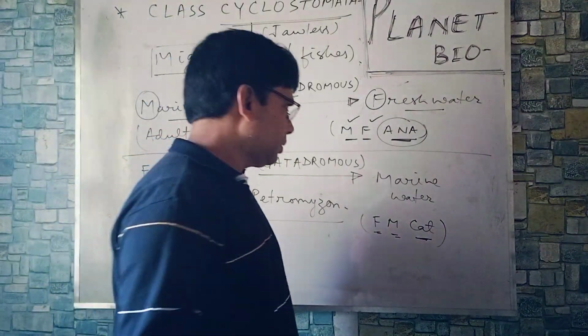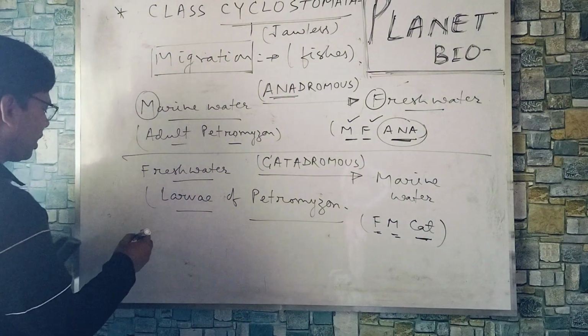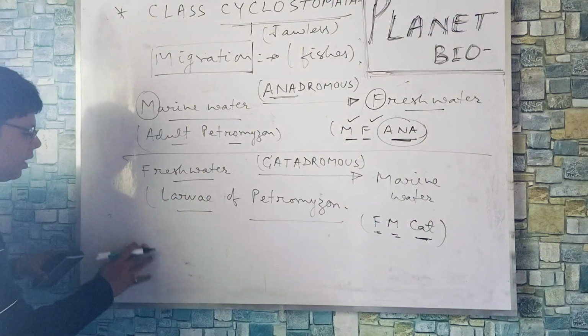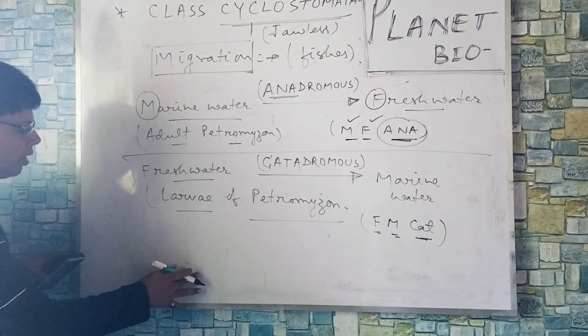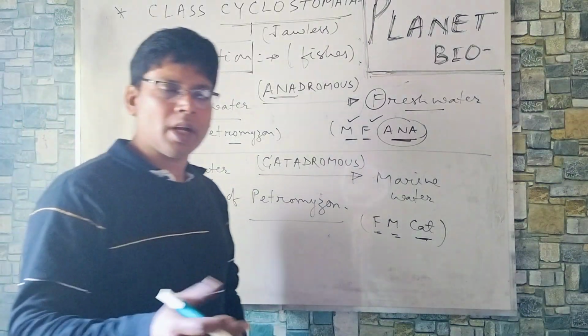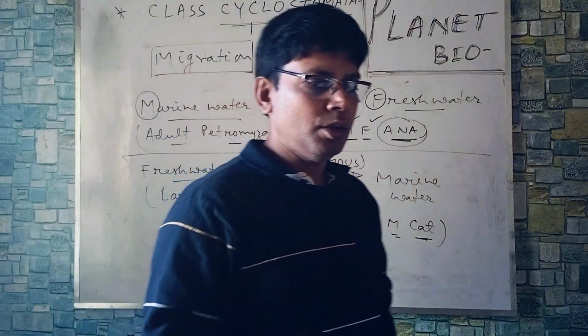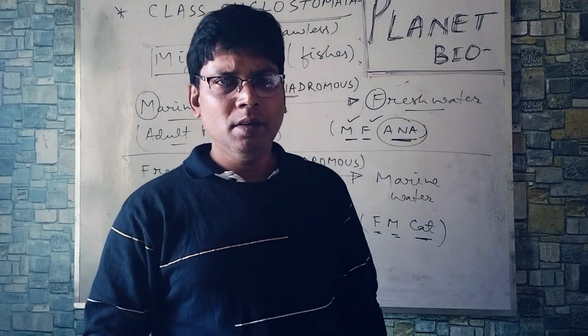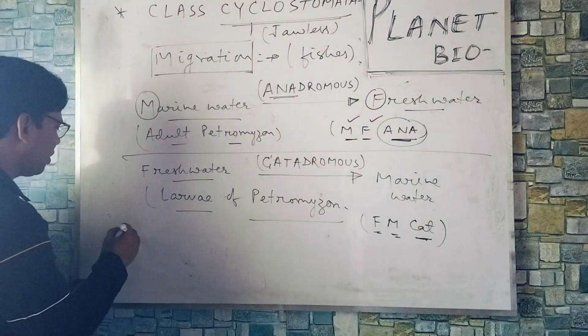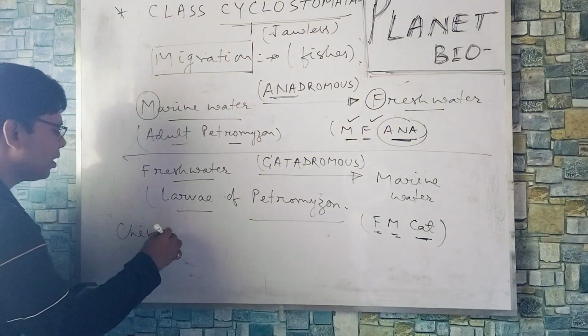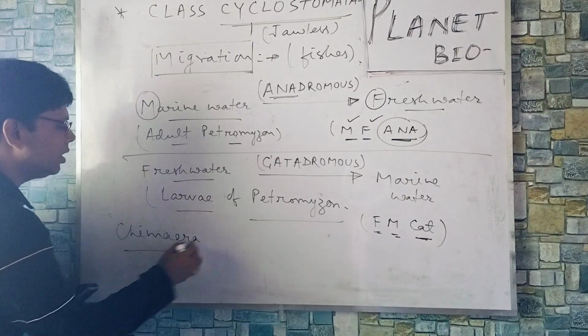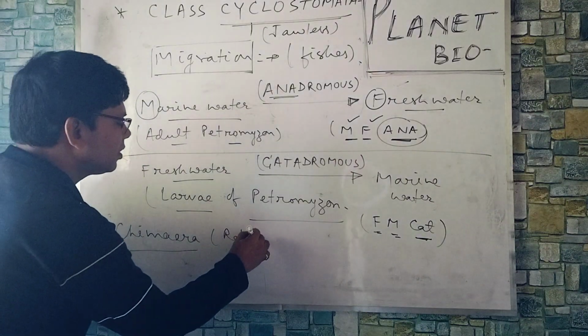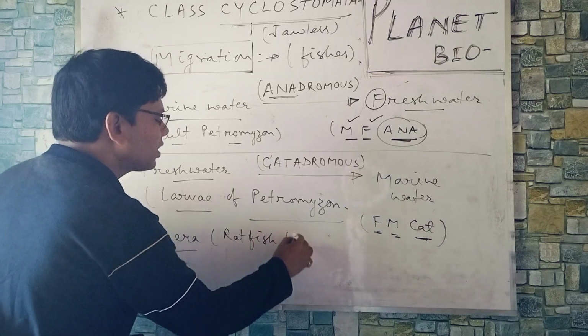Boys and girls, one exception I would write here, and exceptional points are not asked in NEET. So, for our knowledge, chimera is also called rat fish or rabbit fish.